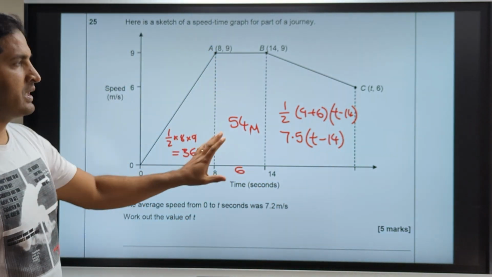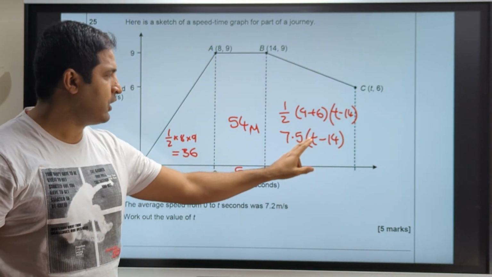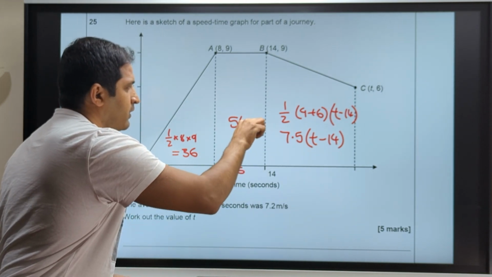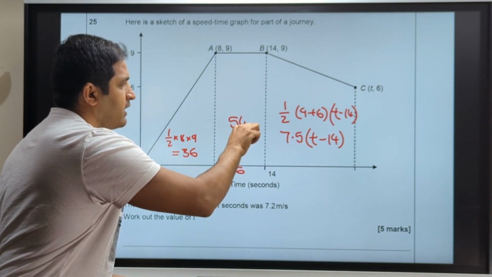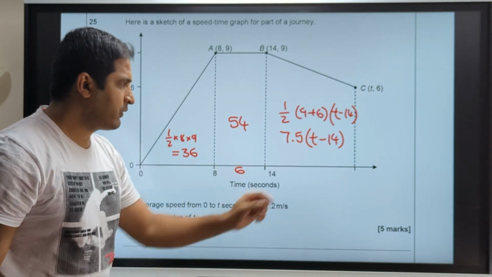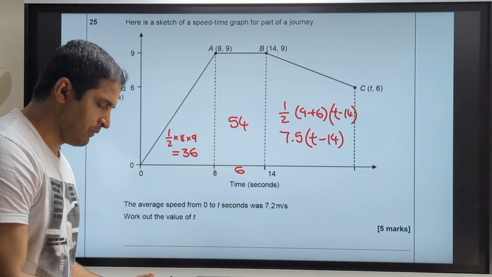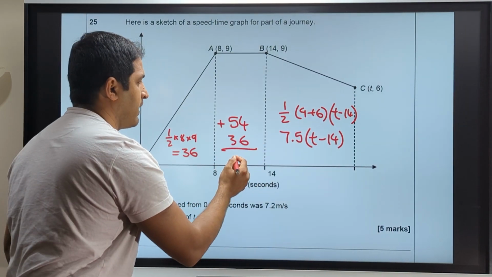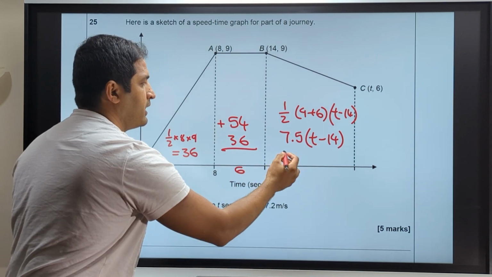So I need to expand this, because then there will be only one unknown, which is that t. So I can work out 7.5 times 14, which is 105, so negative 105, and then 7.5 t.